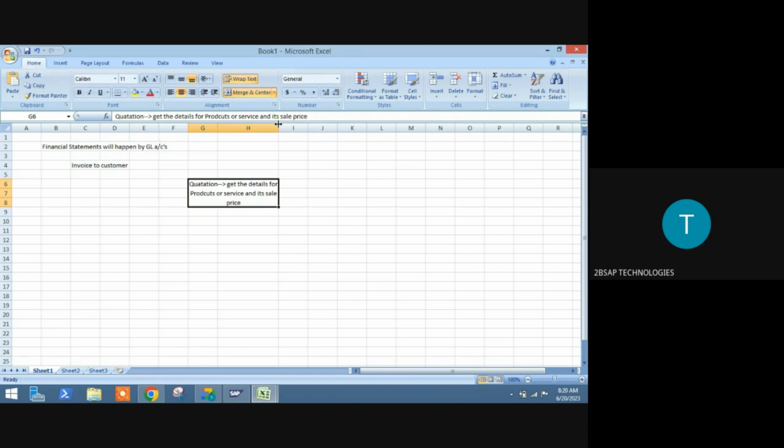Once you have received your quotation, what will you do immediately? Either you will ignore it or you will purchase. Okay, you will purchase, but to you the shop is a vendor. From the shop's point of view, what is going to happen?